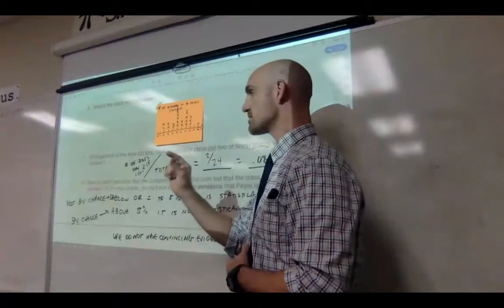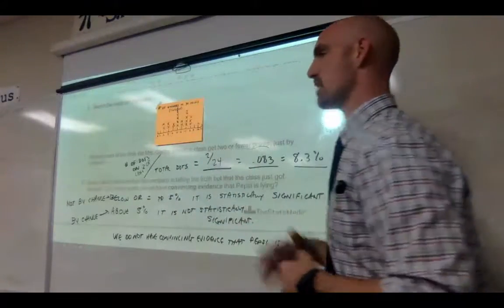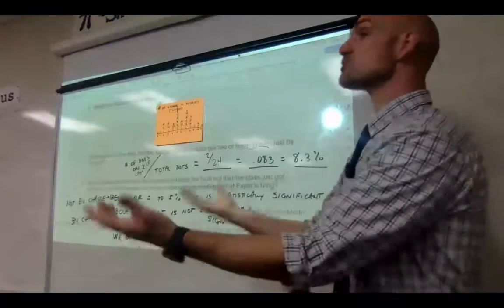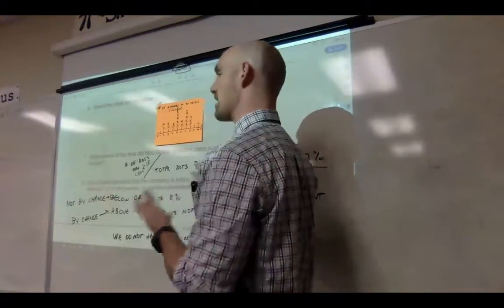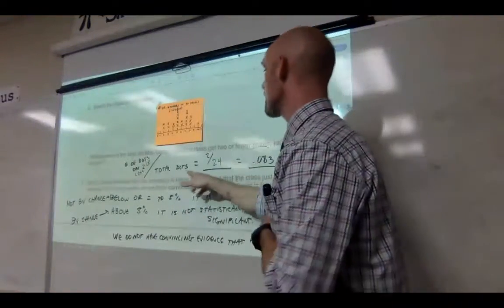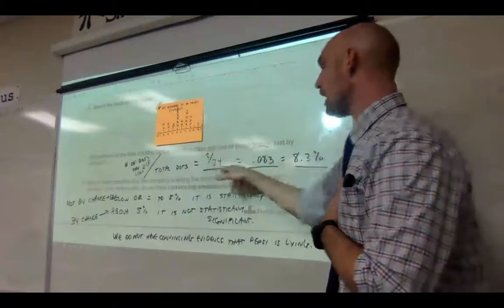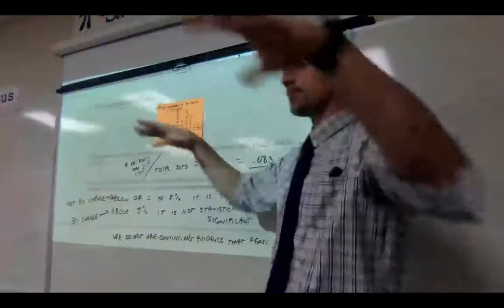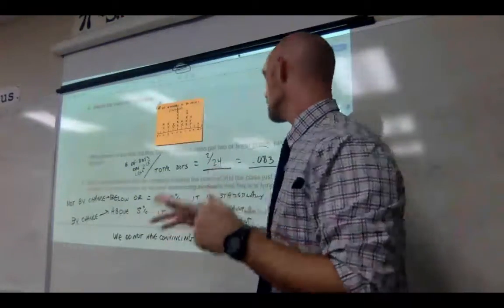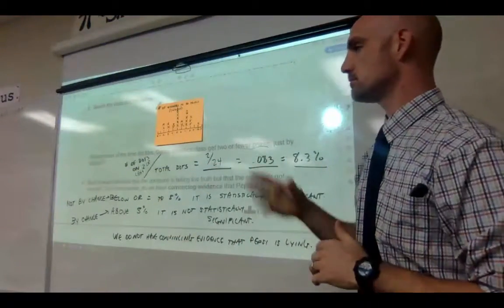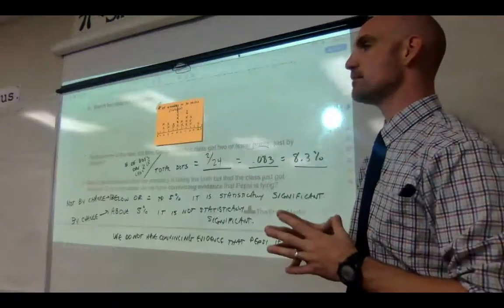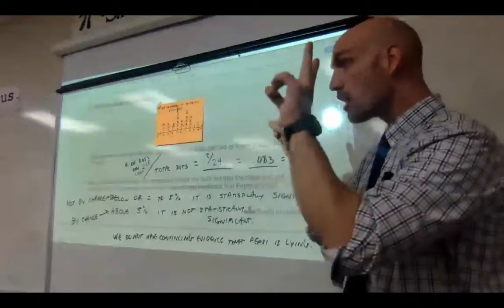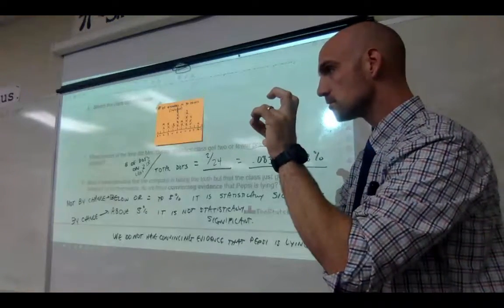So we used the die to say, if it was 1 in 6, we ran a bunch of trials, and we did it 720 times. We said 2 out of the 24 times that we opened up 30 soda bottles, meaning we rolled the die, we got 2 or fewer wins. 8.3% of the time, purely by chance, we won this contest.